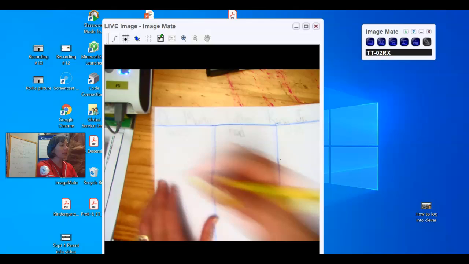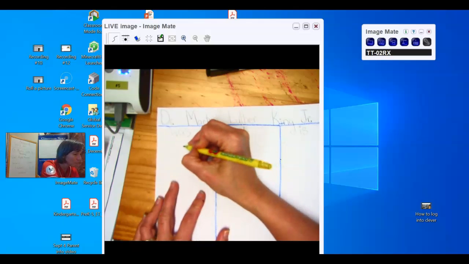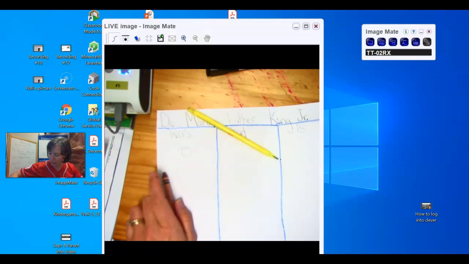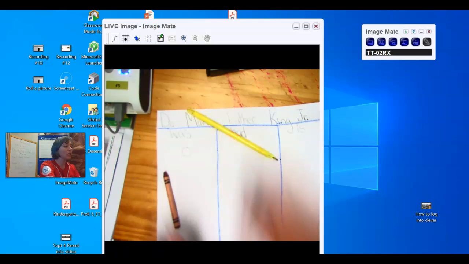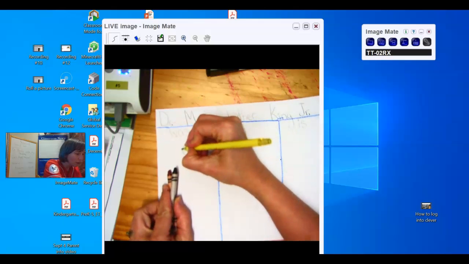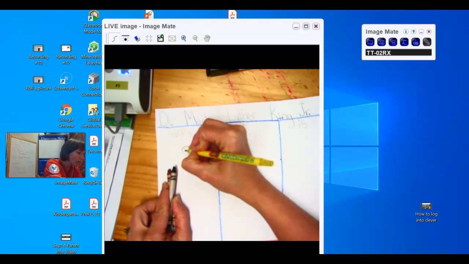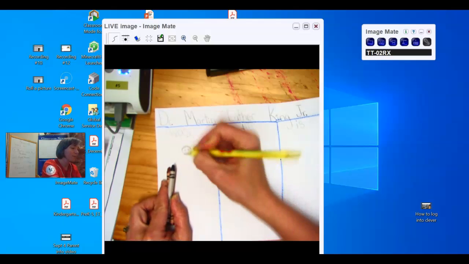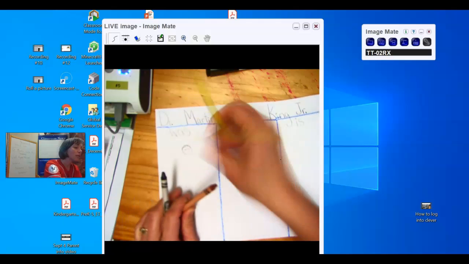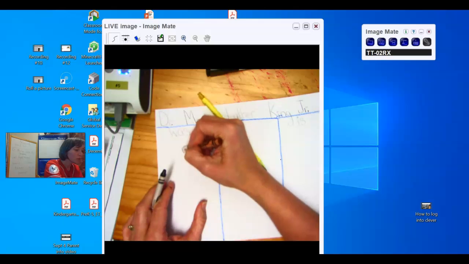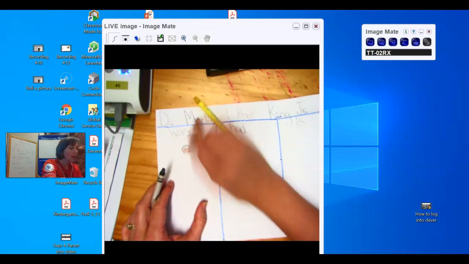So I'm going to draw a picture of Dr. King right here. I'm going to use my brown, because he had brown skin, and I need my black because he had black hair. He had black curly hair, so I'm going to add it curly. All right, it's okay to add your drawings. I'm going to color in his smile and his skin.